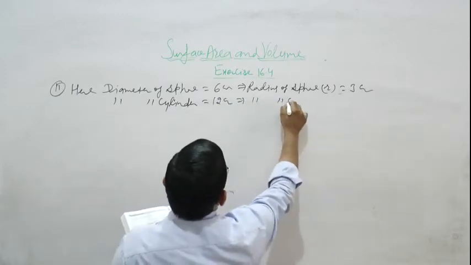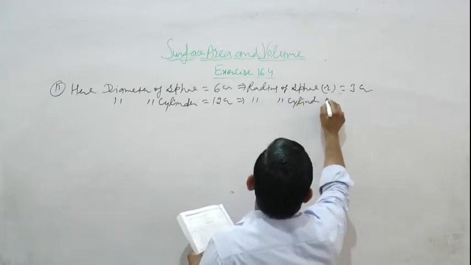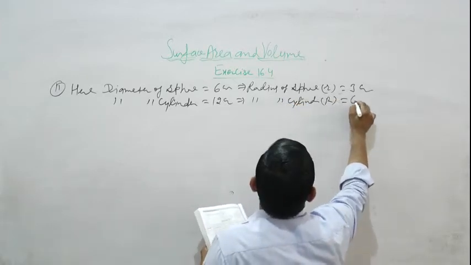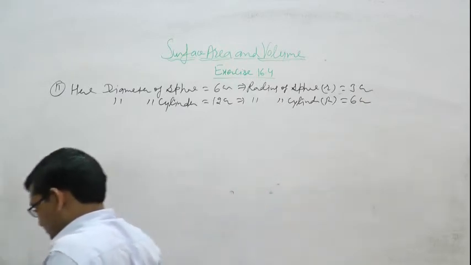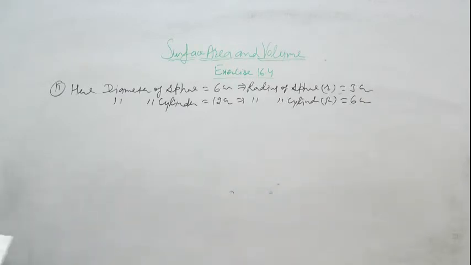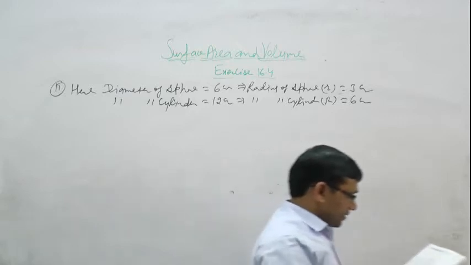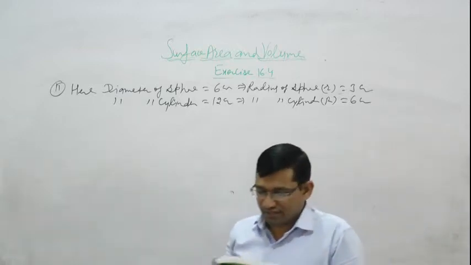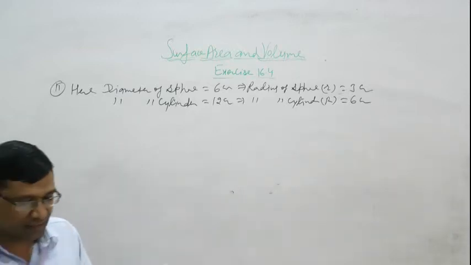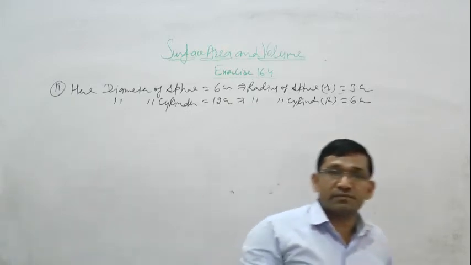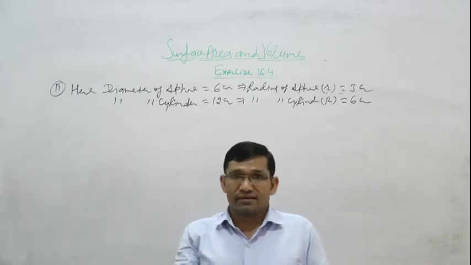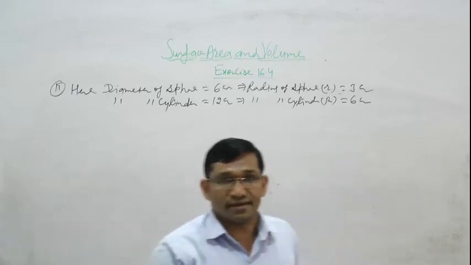So radius of cylinder is 6 centimeter. A sphere of 6 centimeter diameter is dropped into cylindrical vessel which has diameter 12 cm. Find the rise in water. It means we have to find the height of water, how much the water has risen.